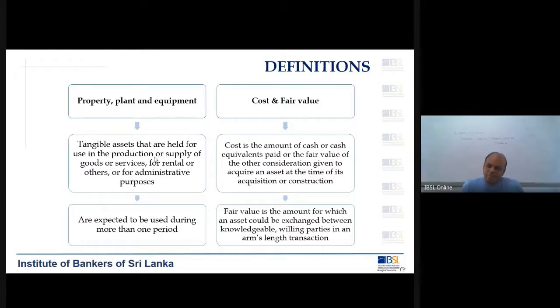Say, for example, let's say there is a building on this particular road where IBSL is located, and this building is worth about, let's say, 80 million. So you want to buy this building and the seller is selling it at 80 million.